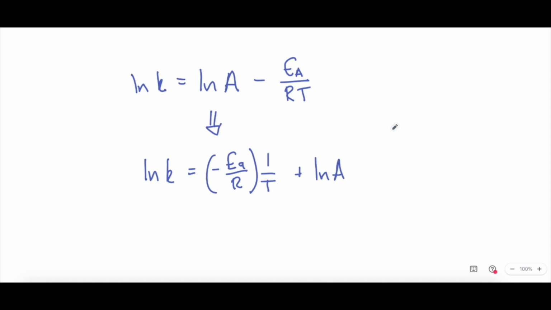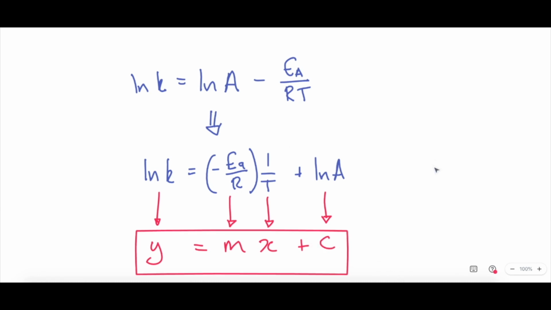The reason I wrote the equation like this is because it's now in the form of y equals mx plus c, which, if you remember from Maths GCSE, is the equation for a straight line.